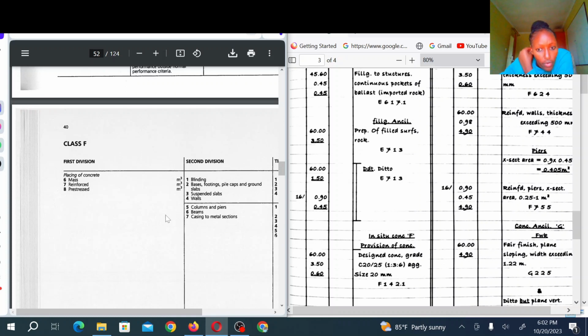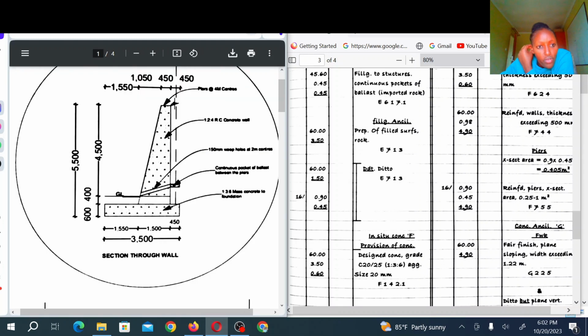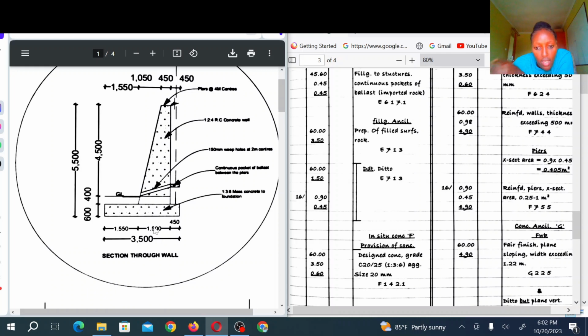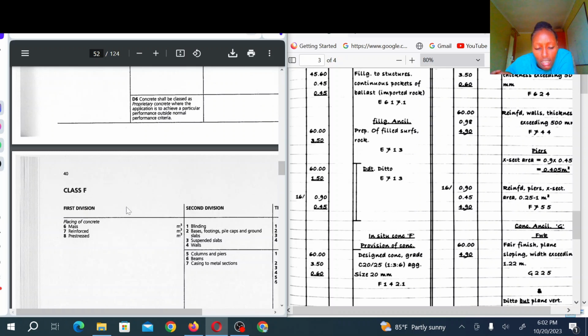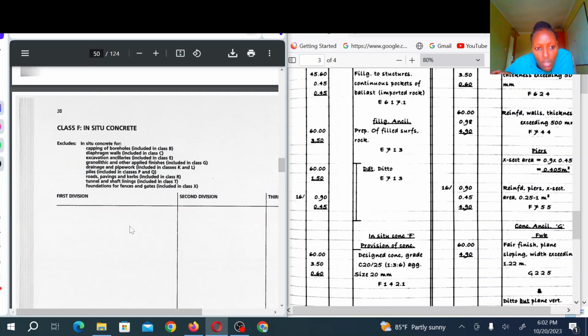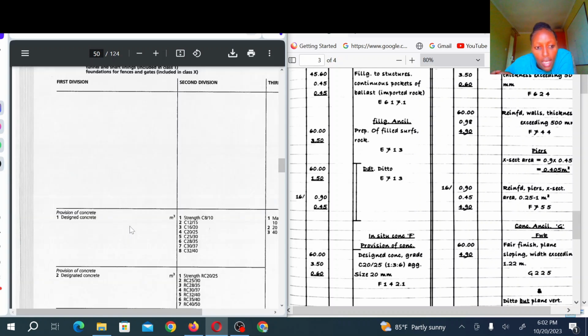In the provision of concrete, we shall go back to our drawing and we shall see that the wall is 60 meters long, the width is 3.5, then the concrete in the foundation is 600. So 60, 3.5 and 0.6. Then when we are writing the descriptions, we start with the provision of concrete because that's when we are providing for it.